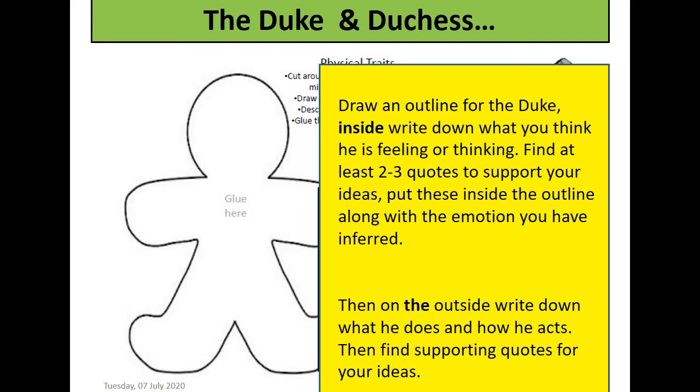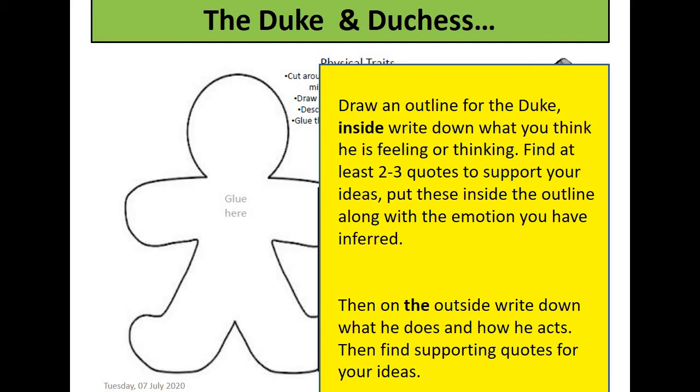If you're a very good artist, draw that outline in a very beautiful and artistic manner. If, like me, you lack the artistic skills, then just draw the outline of a gingerbread man, like you can see on the left side of the page. But make it big enough, because you're going to write inside and outside.